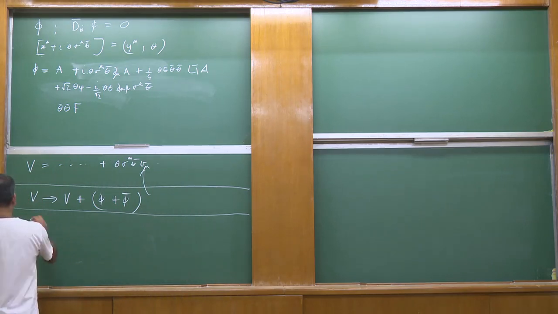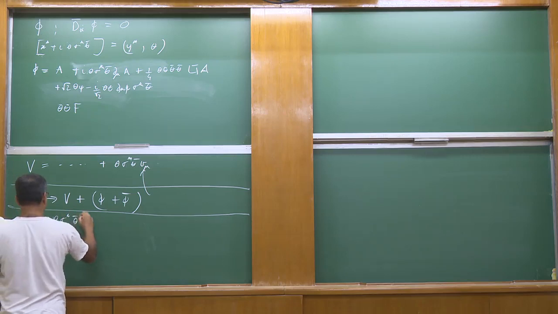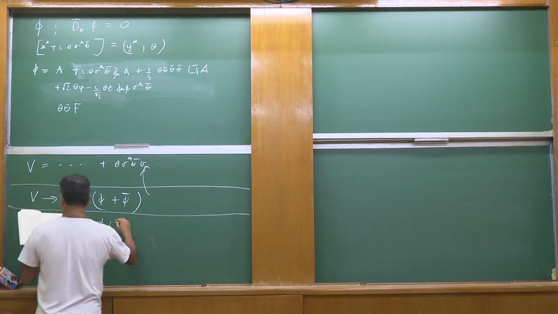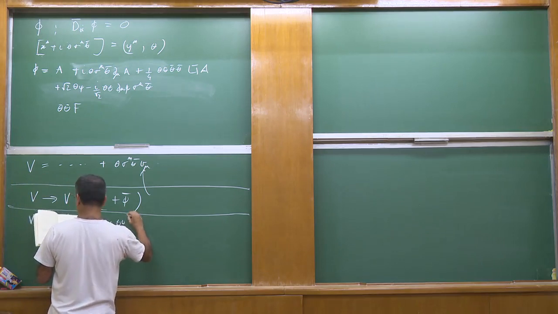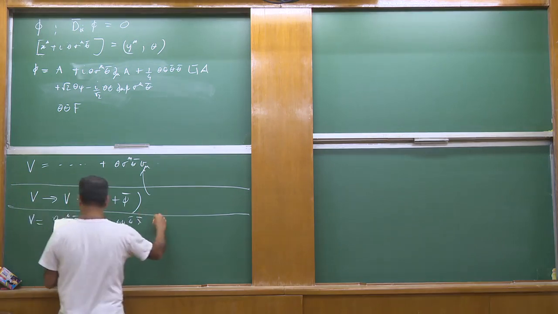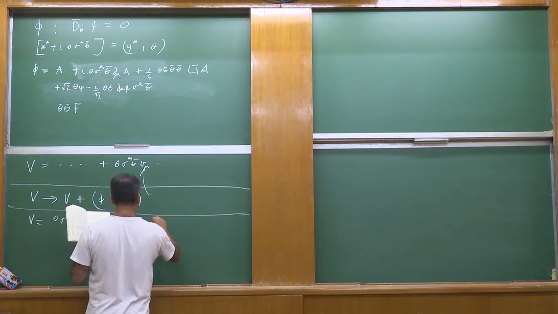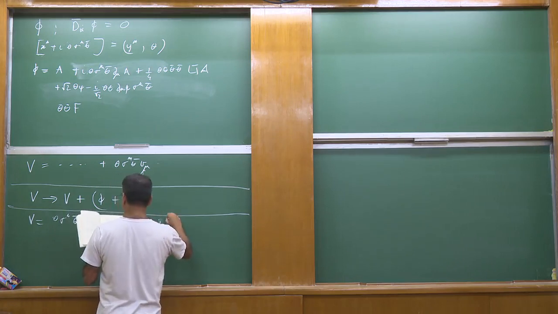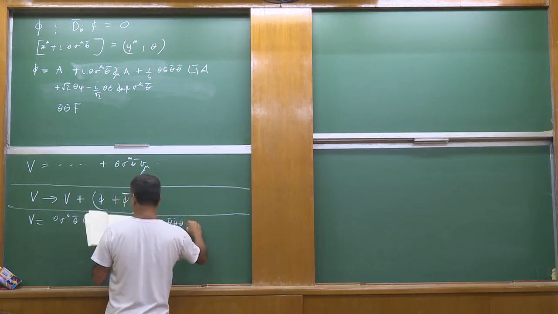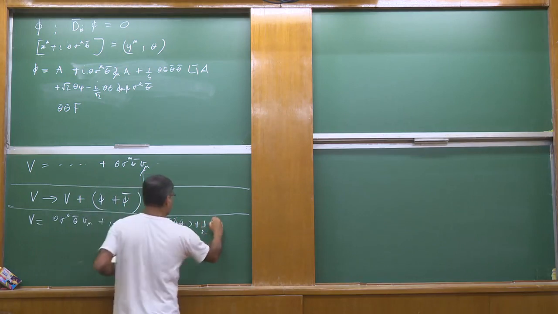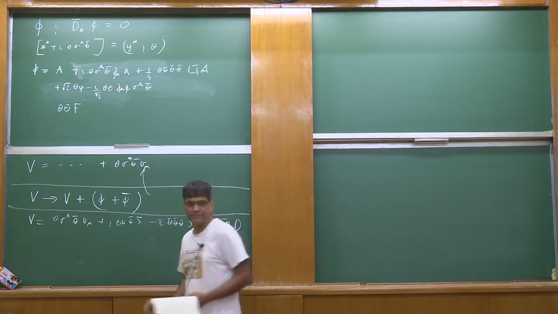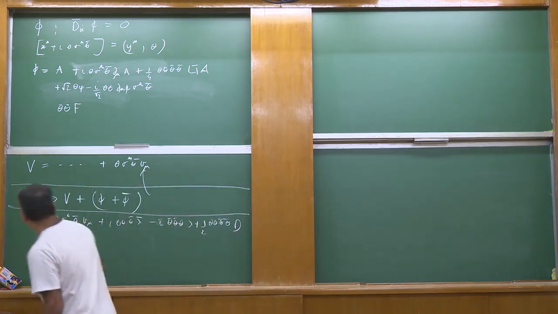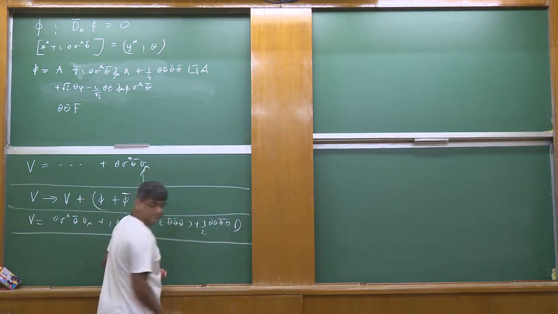This Wess-Zumino gauge was the gauge in which this V took the form theta sigma mu theta bar V mu plus i theta theta theta bar lambda bar minus i theta bar theta bar theta lambda plus half theta theta theta bar theta bar D. Okay, these are the physical fields in a gauge multiplet.